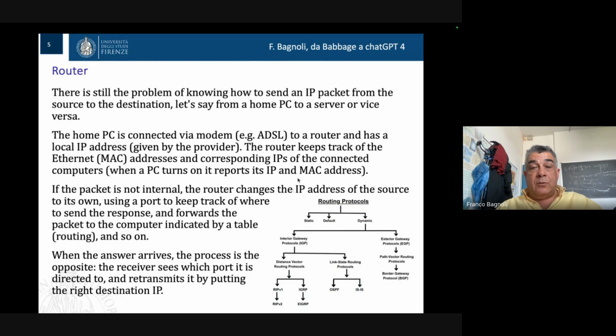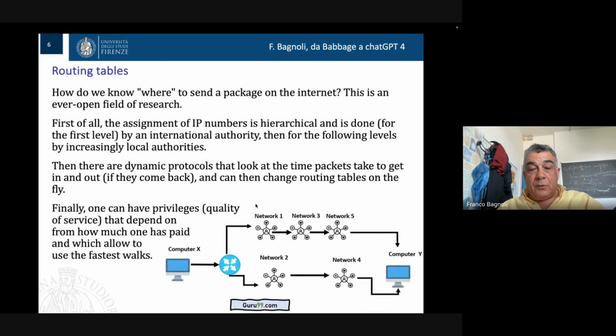So when you mask your internal packet with the IP number of the router, you are also keeping track of the channel, mapping it on some port, which is then used to know which internal computer is to be answered when the response comes from the other backend. And so routing tables are, as I say, one of the present information research fields.